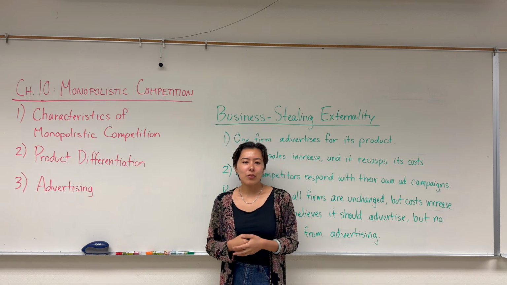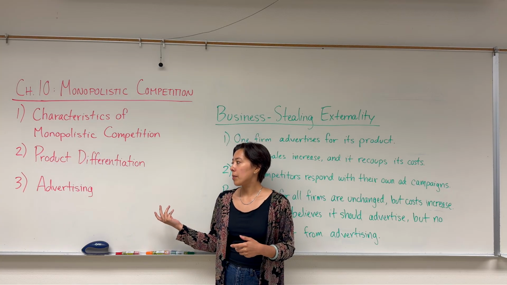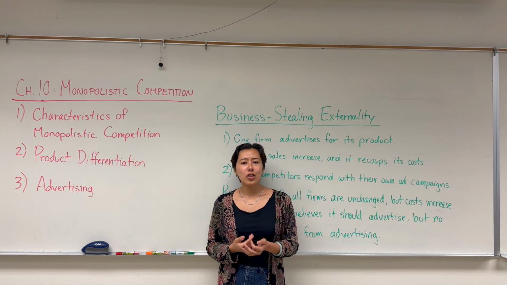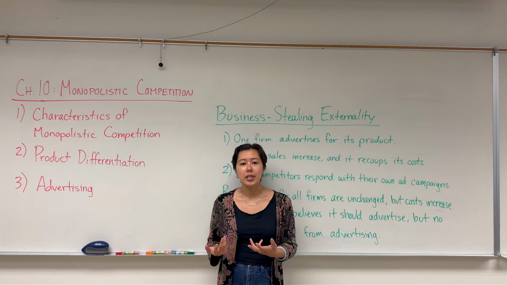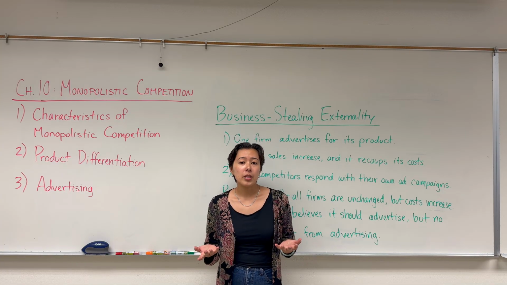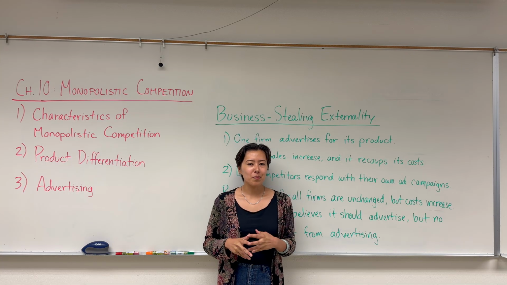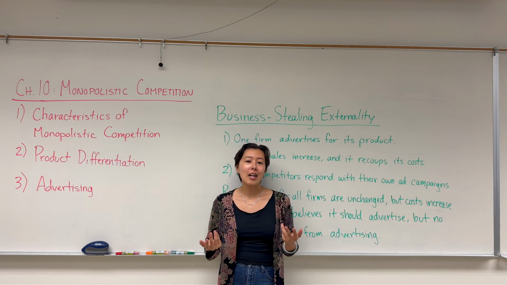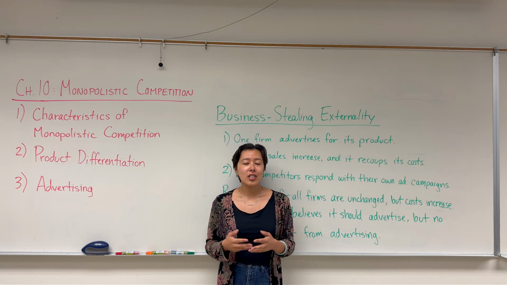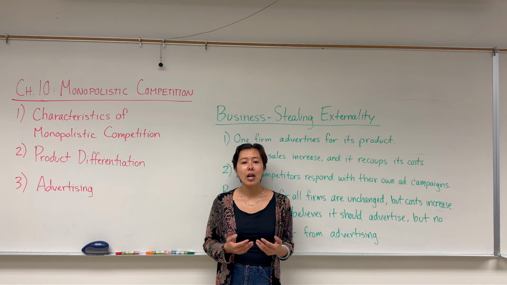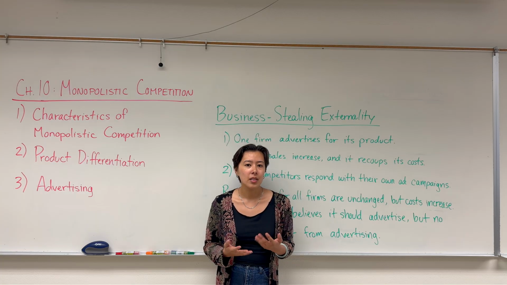Lastly, why is advertising prevalent in a monopolistically competitive market, but not so much under perfect competition or monopoly? Well, under perfect competition, all of our firms are selling an identical good, so there's nothing really special for them to brag about in an advertisement. It's just going to increase their costs, and it's not going to help them to produce more efficiently.